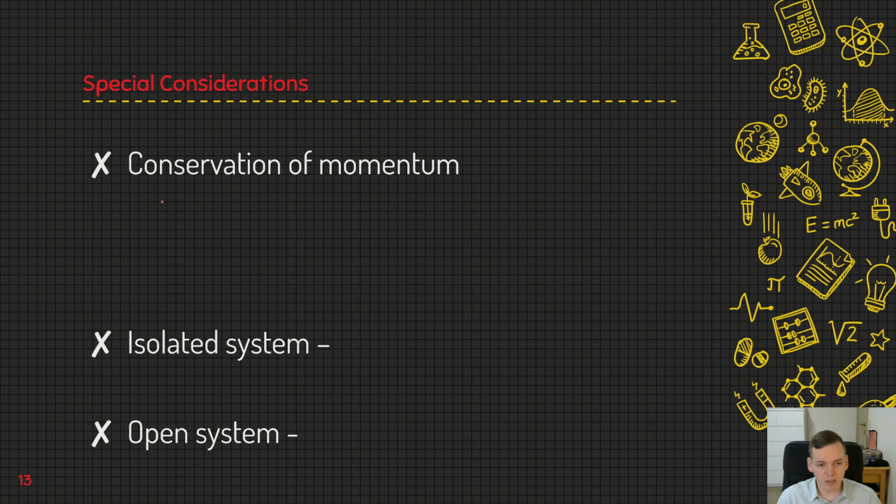When you're dealing with conservation of momentum, there are two ways to think about it. One is that the total initial momentum should equal the total final momentum.